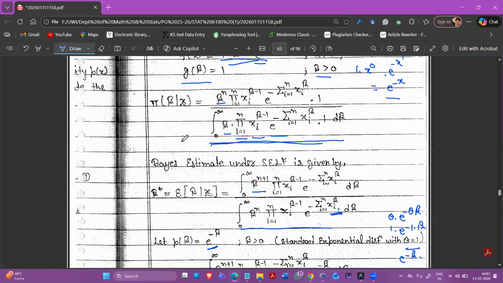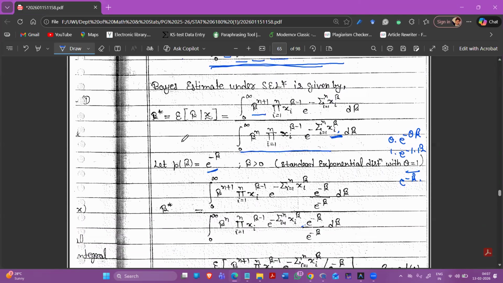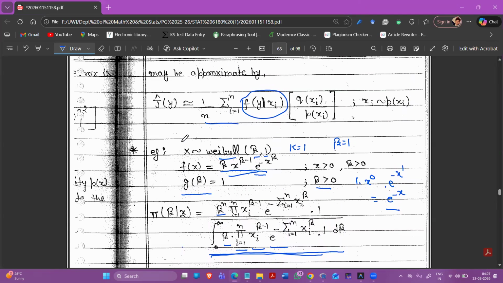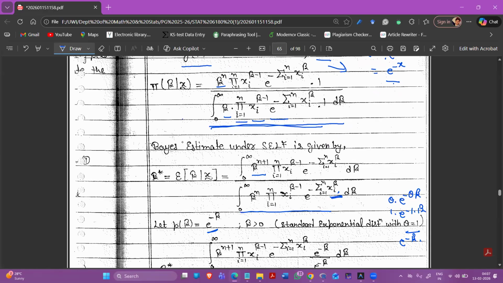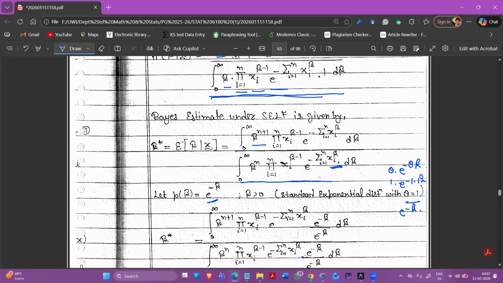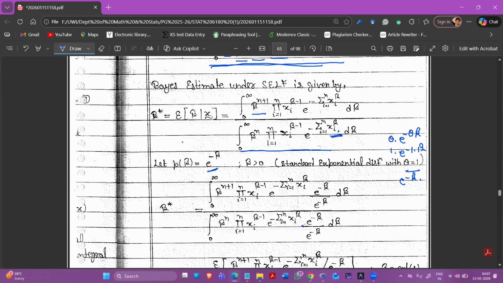After that, I told you if I put beta equals 1, k equals 1, your Weibull distribution reduces to the standard exponential distribution, right? So that means I can approximate beta with the exponential distribution. So that's why I'm saying p beta is equal to e raised to the power minus beta. I'm assuming that standard exponential distribution.